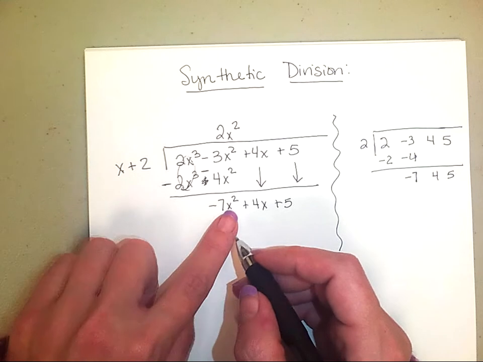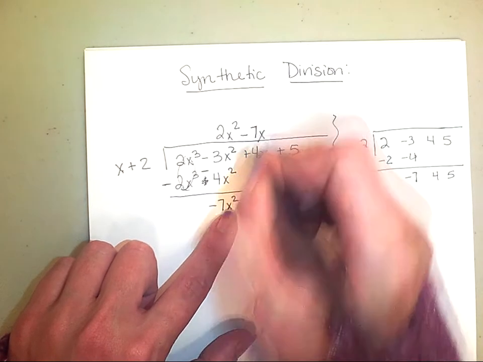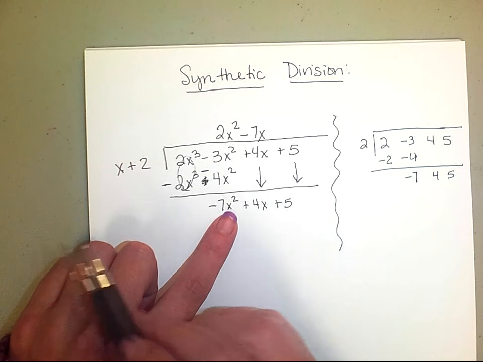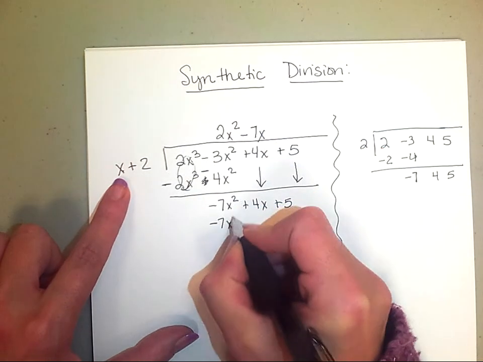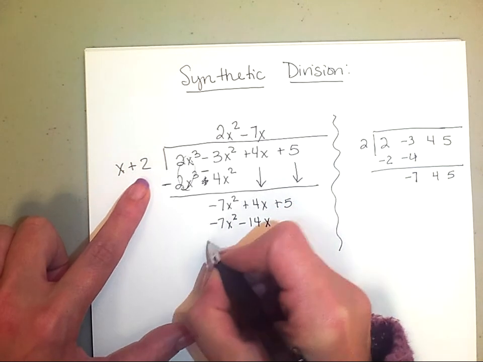Alright, now let's start again. X goes into negative 7x squared minus 7x times. So then this becomes minus 7x squared minus 14x.